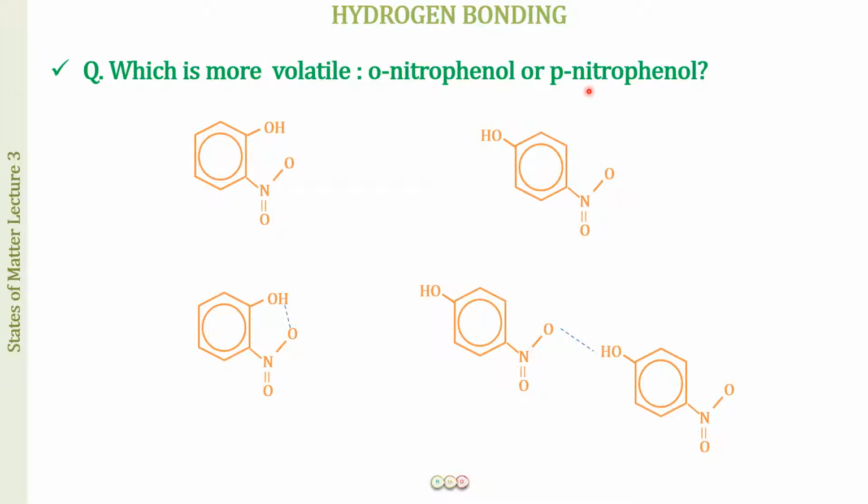We have already studied that this is going to boil off quickly, whereas this is going to take some time because of the intermolecular hydrogen bonding. Yes, they can be separated by fractional distillation also. These are the questions which are frequently asked in the examination, and now I hope you can understand the value of hydrogen bonding.